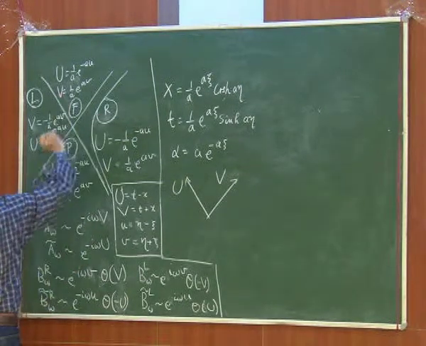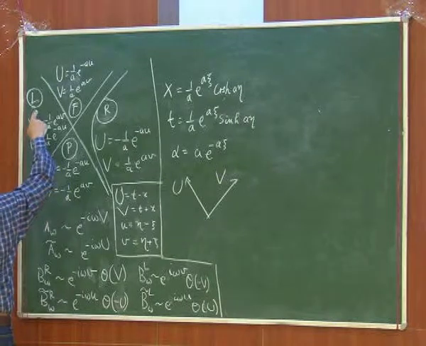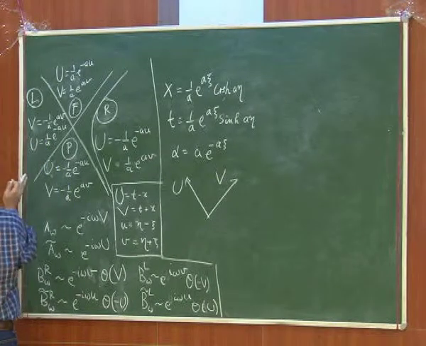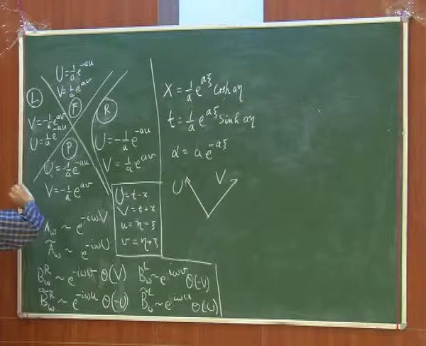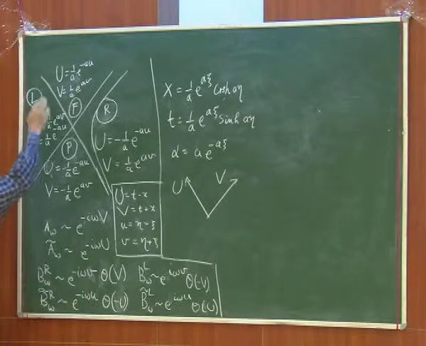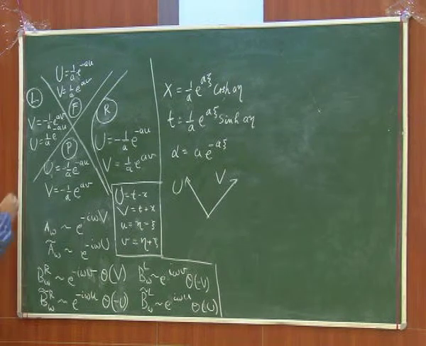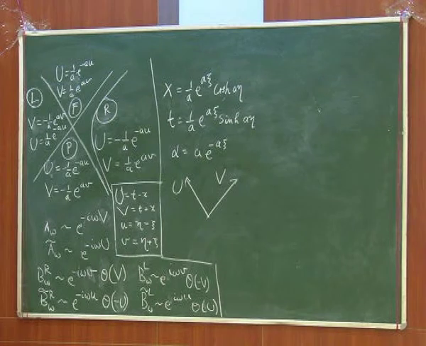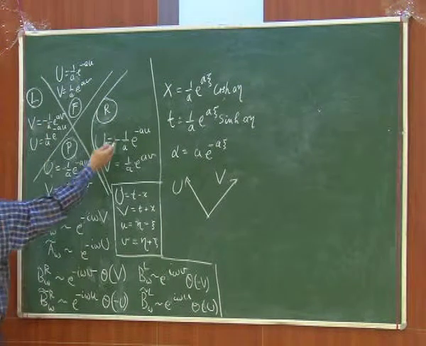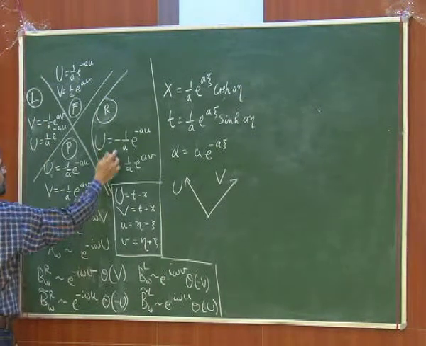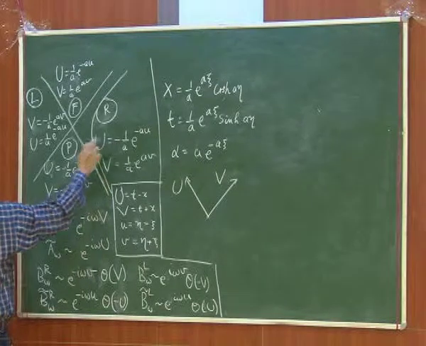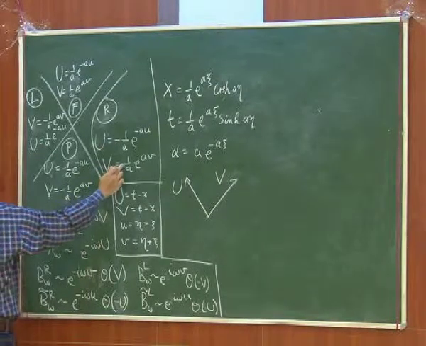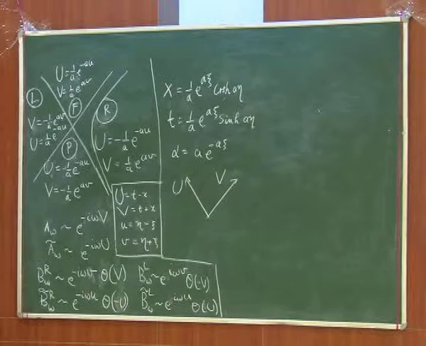Similarly there will be observers which can see only the left quadrant, and for them the transformation between the capital UV and the small uv will be given by just flipping the signs. So for u, this minus will become plus, and for v, this plus will become minus.